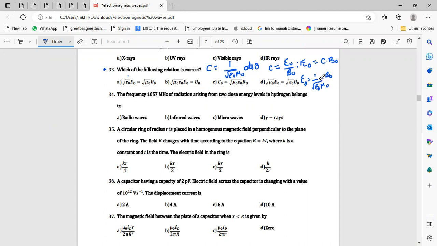So C is nothing but 1 divided by root epsilon naught into mu naught. Do the cross multiplication. B naught is equal to root of epsilon naught into mu naught into E naught.